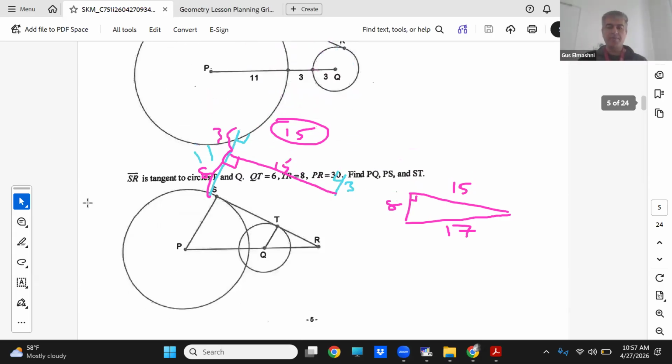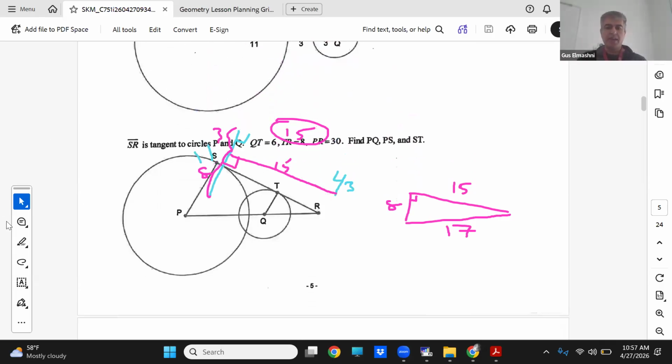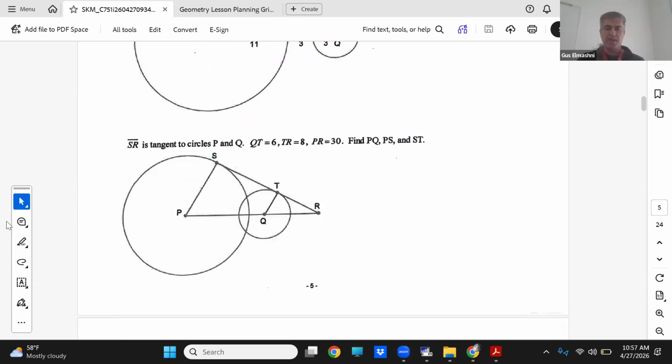Okay, last one, just to get a sense of closure here. QT is 6. PR is 30. TR is 8. Therefore, that's 10. Right? Because that's the Pythagorean theorem. That's a right angle again.